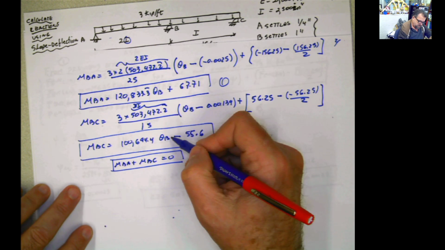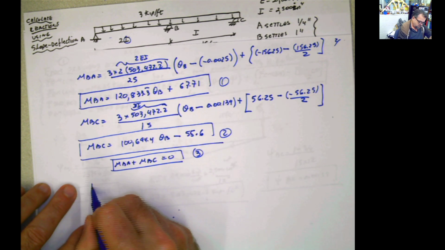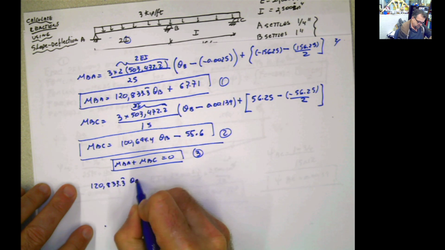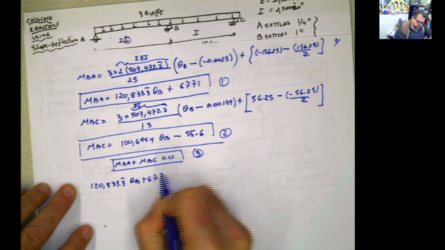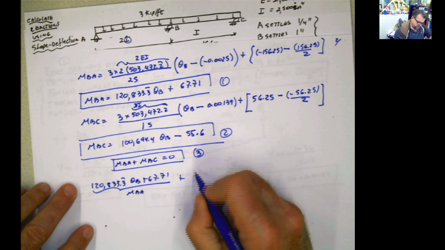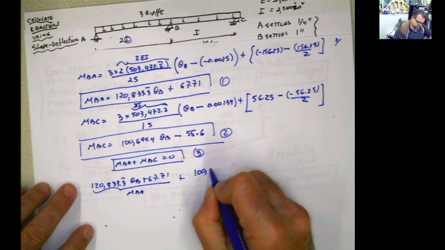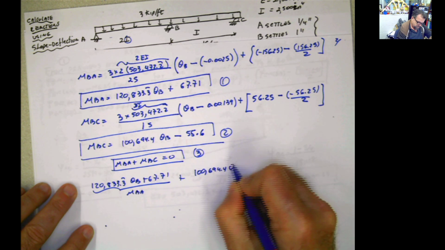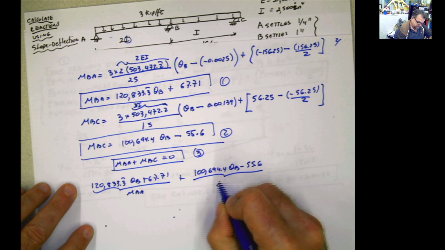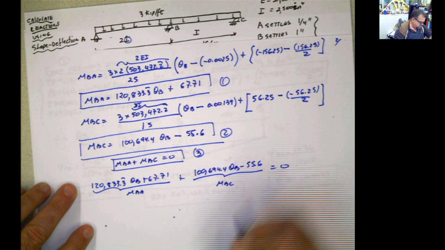This plus this equals 0. So 128.33 plus 67.71, and this is MBA plus MBC equals 0.